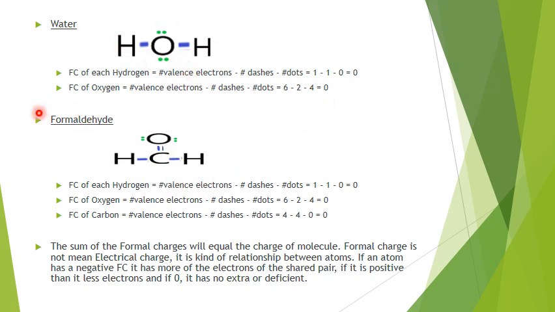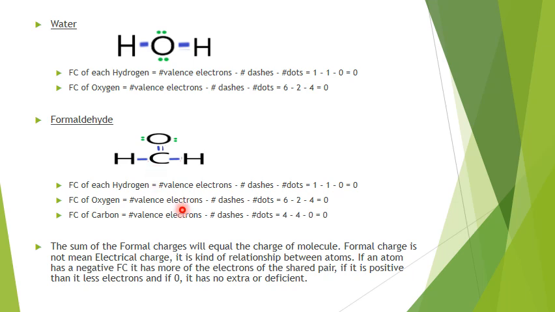All right, let's take a look at formaldehyde. Again, just do one hydrogen for each one. The number of valence electrons is 1, minus 1 bond, 0. Oxygen has 6 valence electrons, 2 dashes, 4 dots, 0.